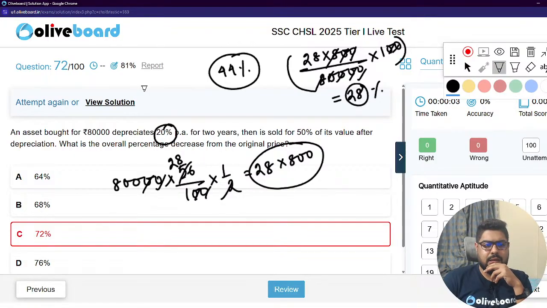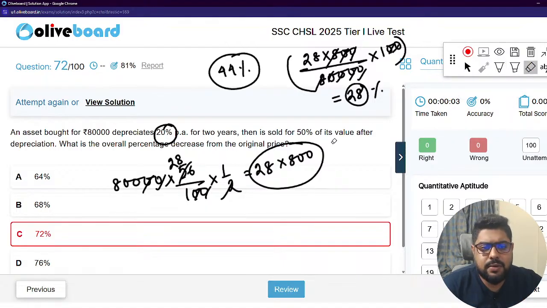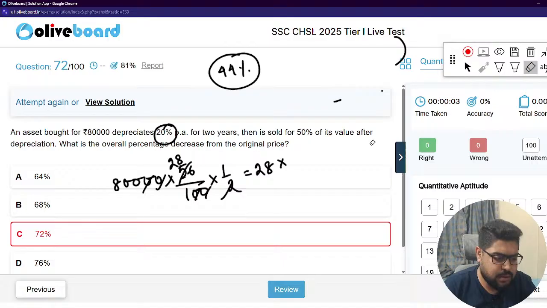I do not think the calculation is wrong. So do one thing, let's take it normally, sir. Okay, this is coming out as 54,400.